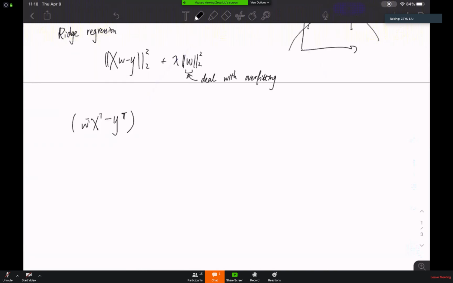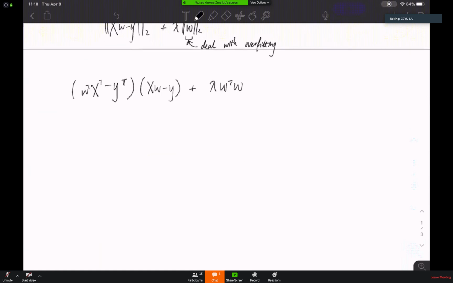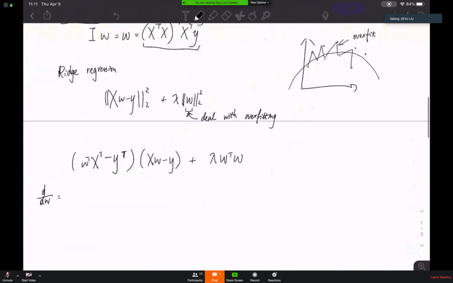Okay, XW minus Y plus W transpose W. Then when we do similar things, stuff remains.